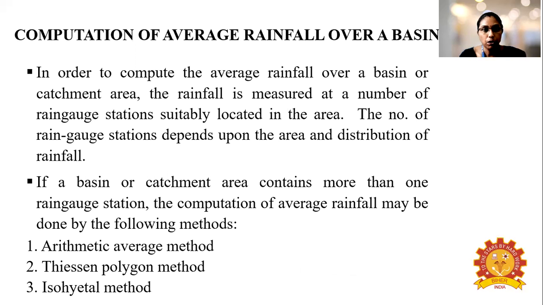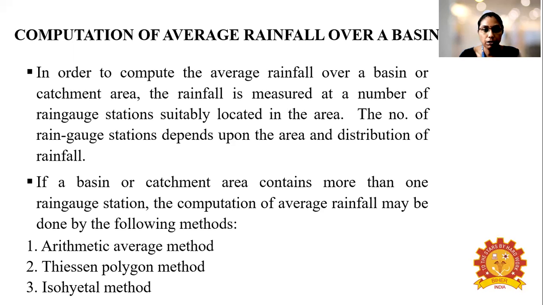Then we can move on to the computation or calculation of average rainfall over a basin. Mainly to calculate the average rainfall over a basin or any catchment area, the rainfall is measured at a number of rain gauge stations suitably located in that area.